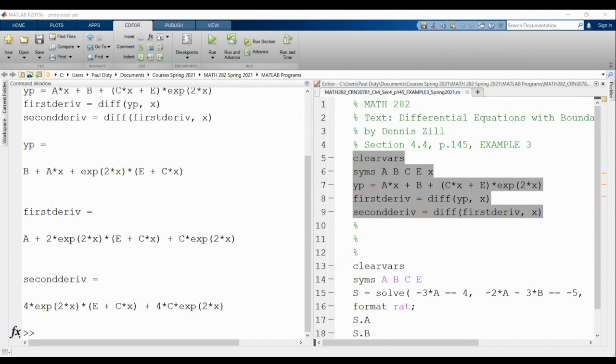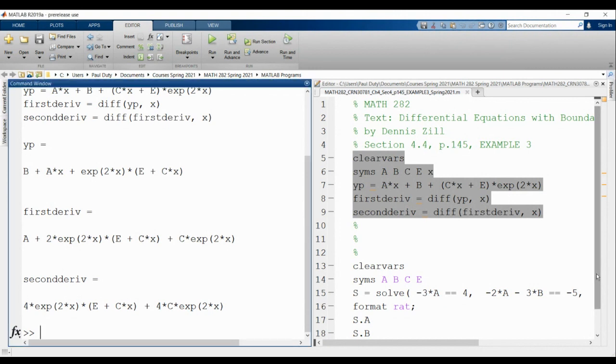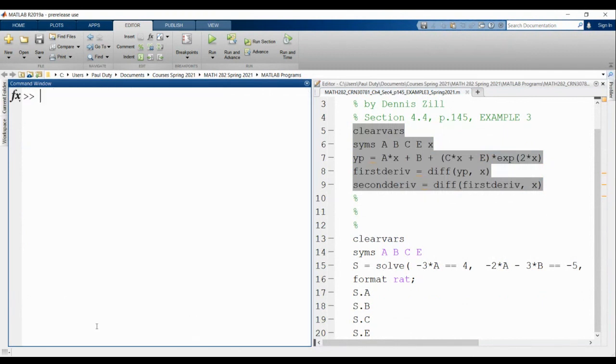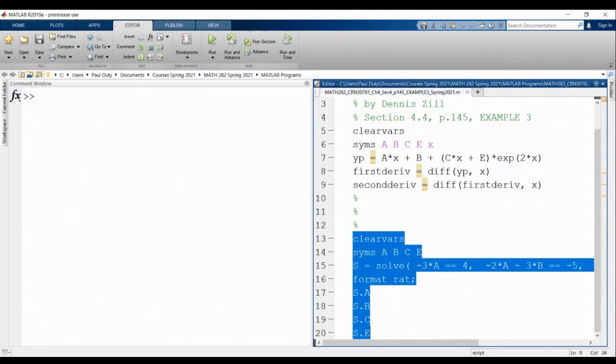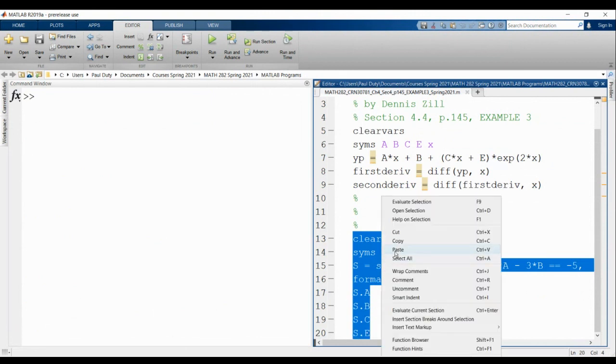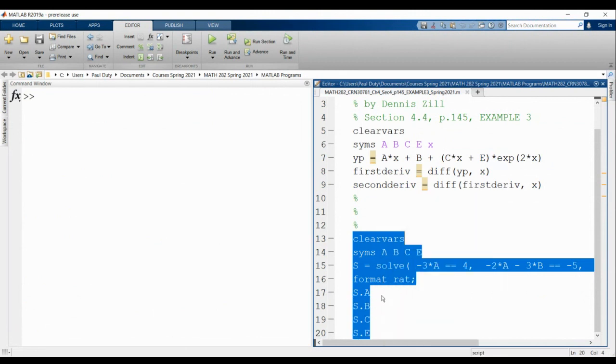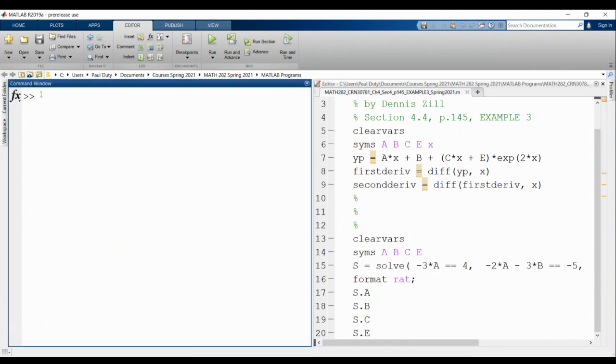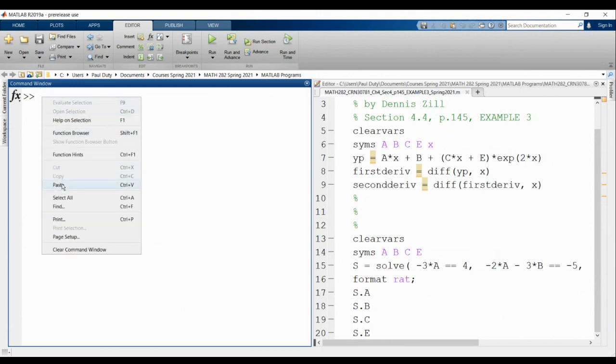And now the other part of the problem was solving those linear equations. So to do that, let me do a CLC here for clear screen. So this is the command to solve those equations, and I use the command format rat so I get fractions, because WebAssign, when you can get exact answers, it wants them, and that means fractions.